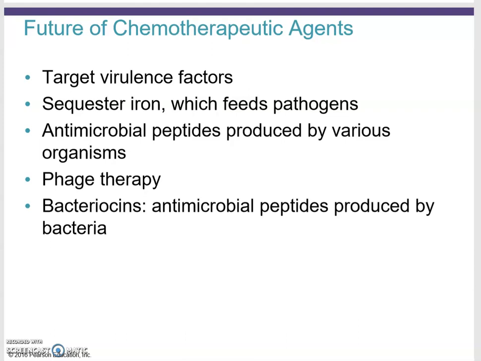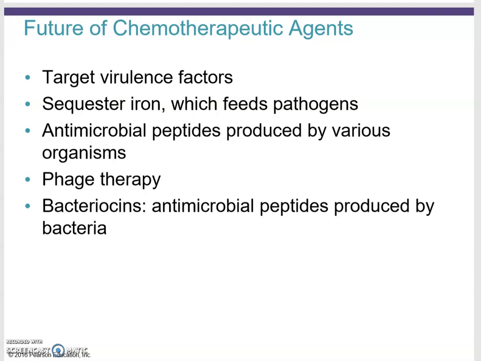So there are a few new things on the horizon. There are some new peptides, antimicrobial peptides, that are produced by various organisms. They found that certain reptiles and amphibians have antimicrobial peptides in their skin that might be useful for future antibiotics.